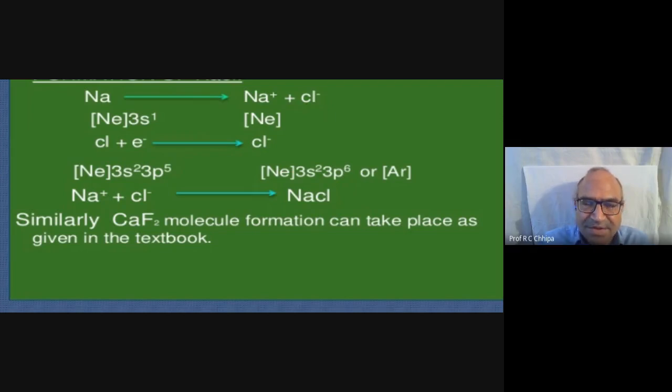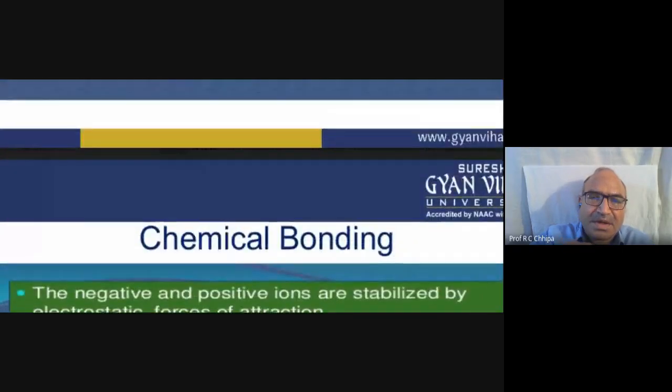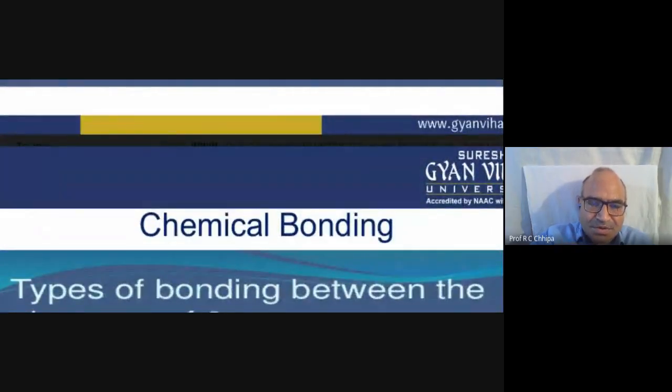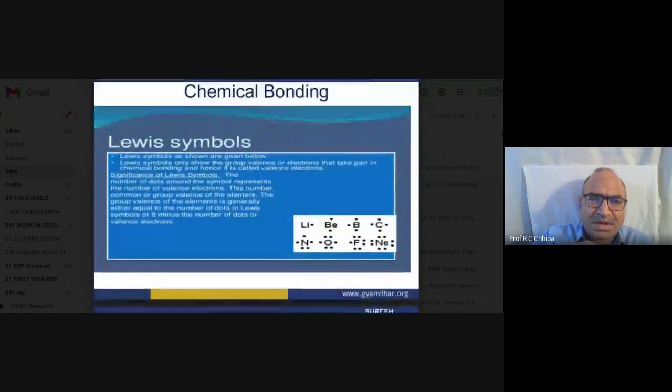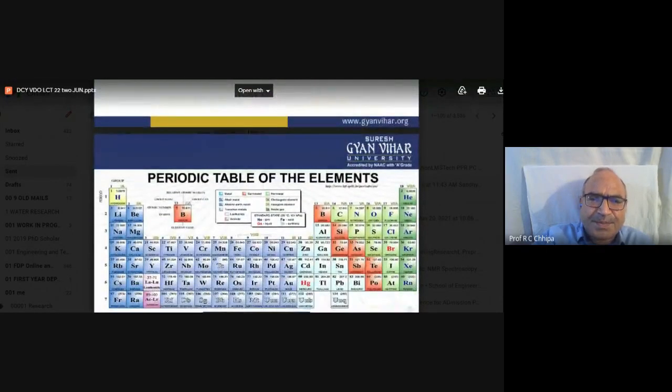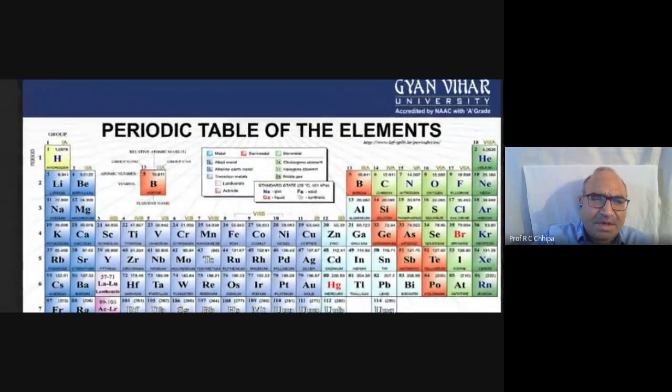Calcium itself is an alkaline earth metal, as we can see in the periodic table.